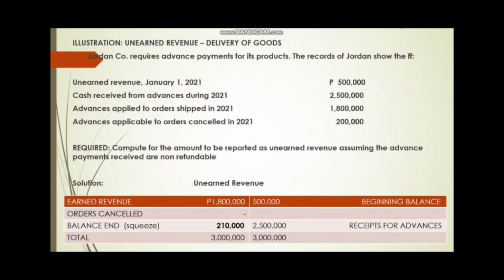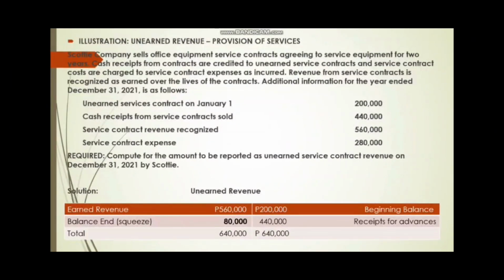Next, illustration, unearned revenue, provision of services. Scooty Company sells office equipment service contracts agreeing to service equipment for 2 years. Cash receipts from contracts are credited to unearned service contracts, and service contract costs are charged to service contract expenses as incurred.